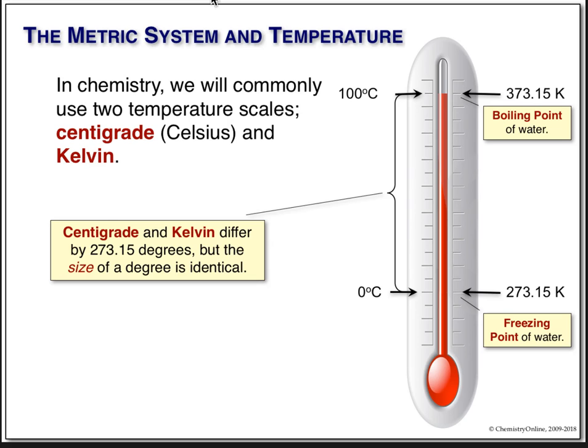The 273 thing might seem odd right now, but when we do the chapter on gas laws, it will become immediately apparent why we have to use Kelvin and where 273 comes from. But that's our two. Centigrade, once we get to gas laws, we'll do Kelvin. Any questions?